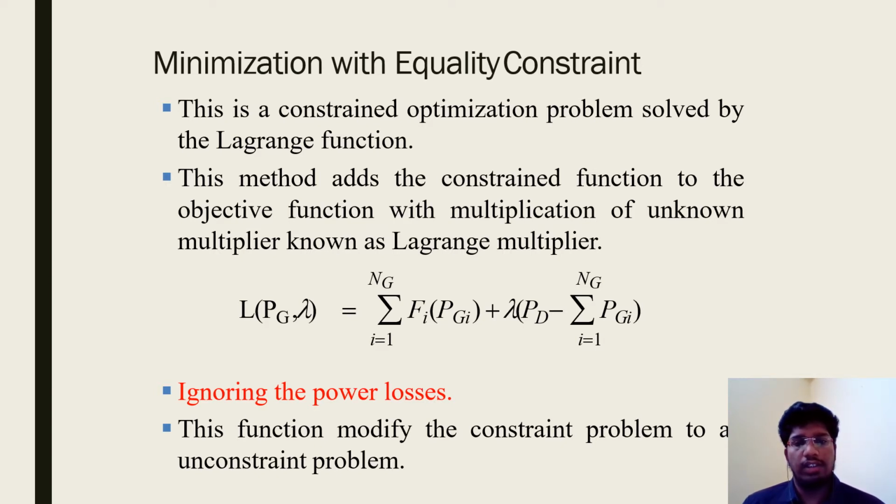This method adds the constraint function to the objective function with multiplication of an unknown multiplier known as the Lagrange multiplier, which includes the formula L(P_g, lambda) equal to sigma i equal to 1 to Ng of F_i(P_gi) plus lambda times (P_D minus sigma i equal to 1 to Ng of P_gi). Ignoring the power losses, this function modifies the constrained problem to an unconstrained problem.